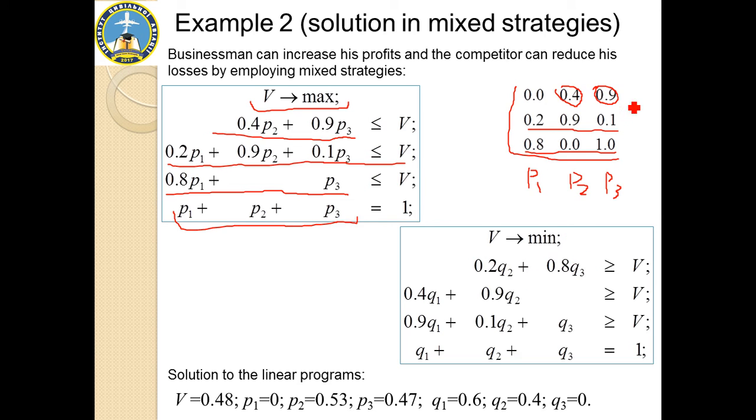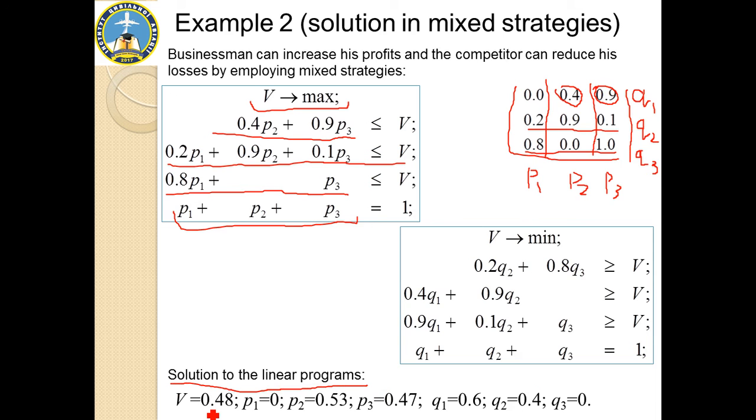We introduce the shares for the competitor Q sub 1, Q sub 2, and Q sub 3, and sum up these payoffs times the shares across the columns of the payoff matrix. The solution will appear like this, and we'll consider how to solve this particular game in mixed strategies using the Excel spreadsheet software in the next video.